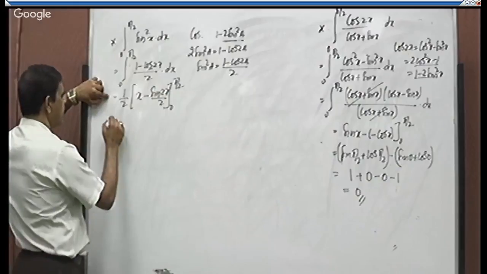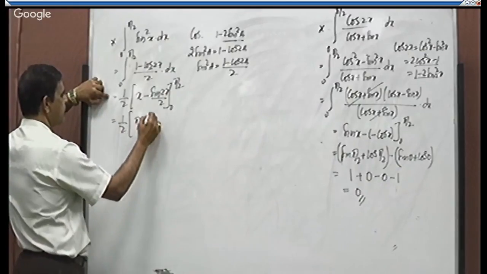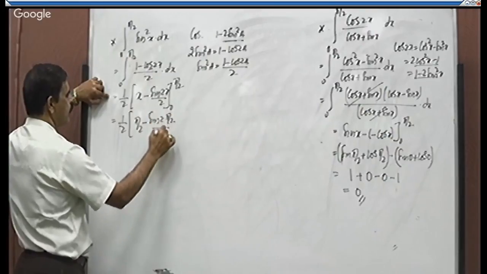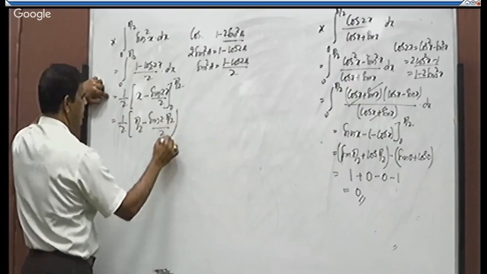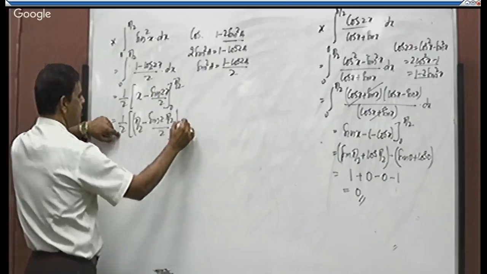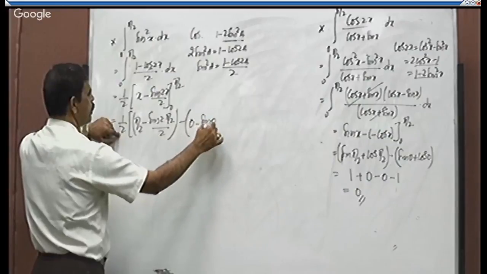Now apply the limit. It is 1 by 2 into pi by 2 minus sin of 2 into pi by 2 divided by 2, minus, I'm taking small bracket because this is common for both, 0 minus sin 0 by 2.